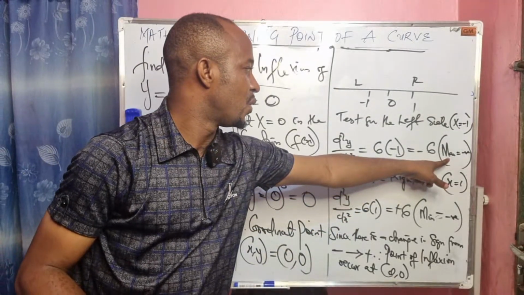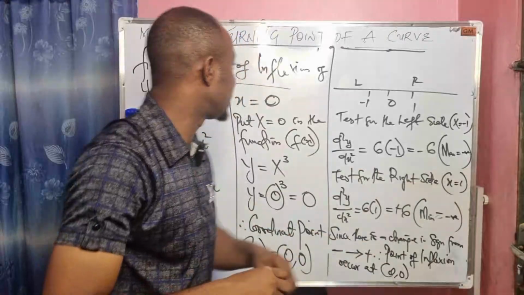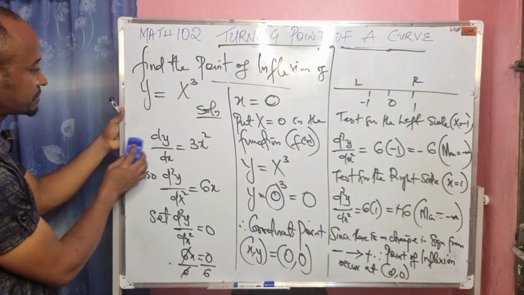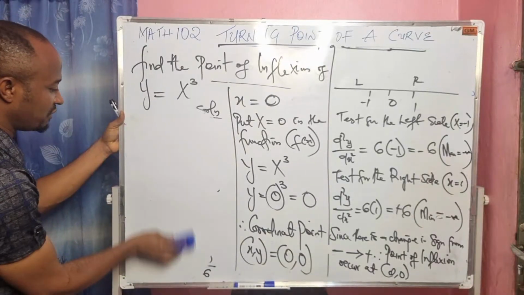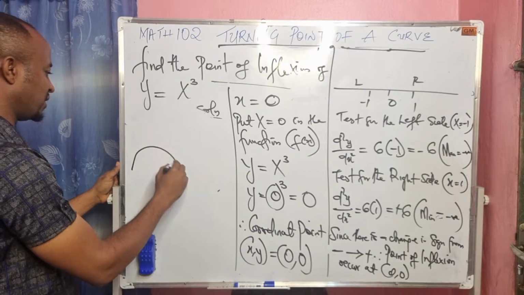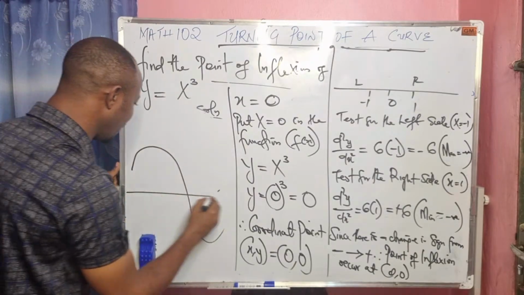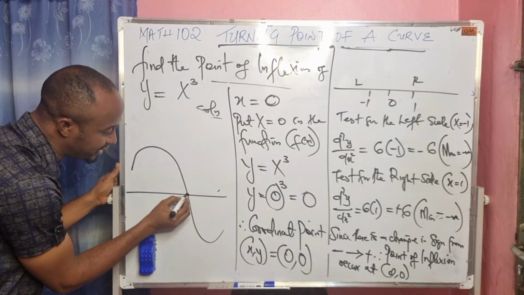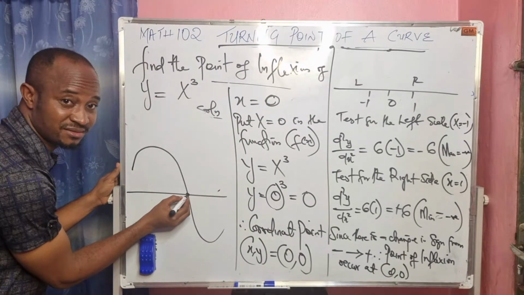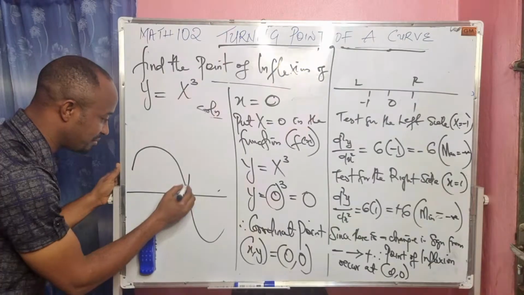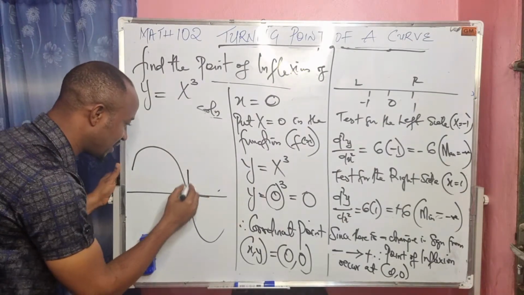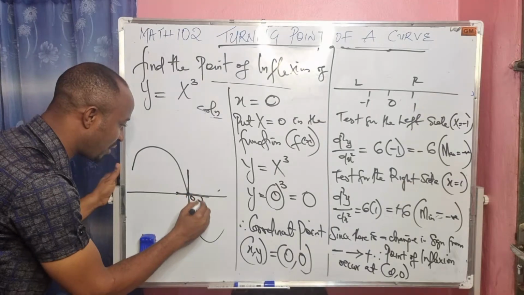That means we have a maximum point at some point in the curve. Let me show you something. It means that this curve is something of this nature. But the point where this curve meets the x-axis and the y-axis is at the origin, where we have 0, 0.